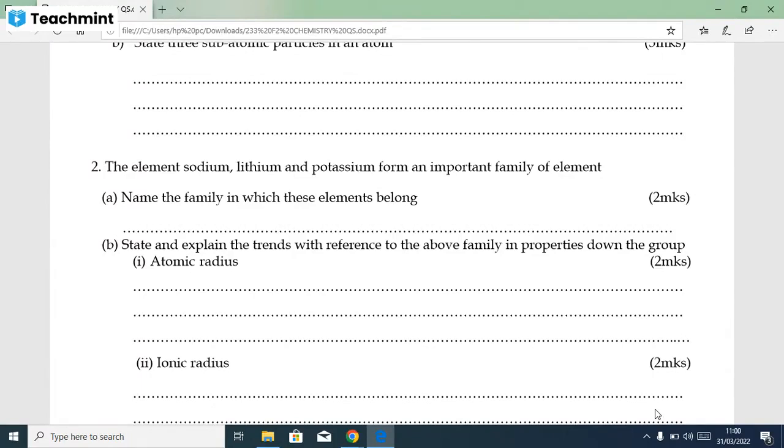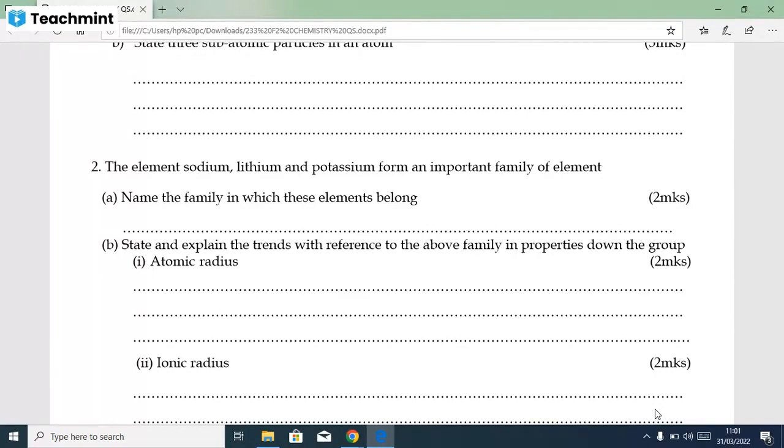What is the trend of the atomic radius as you go down the group? Will it increase or decrease? The atomic radius increases. Why? Because it gains more energy levels.